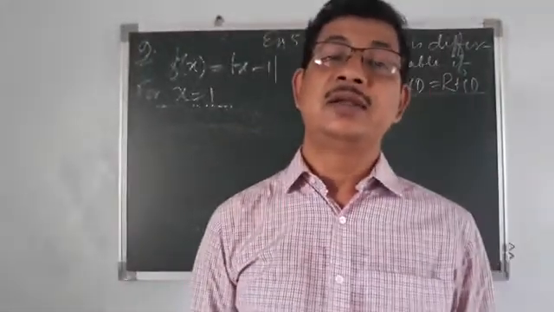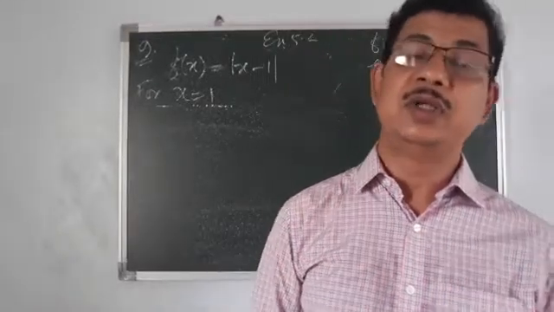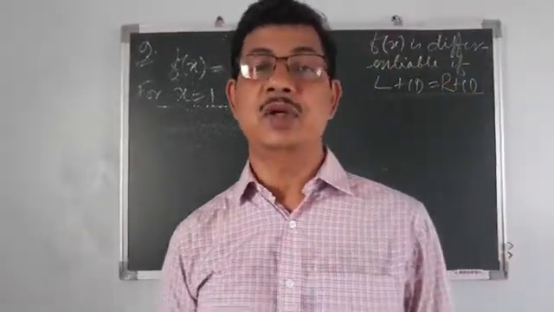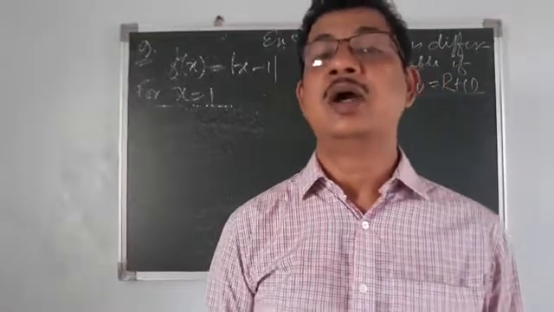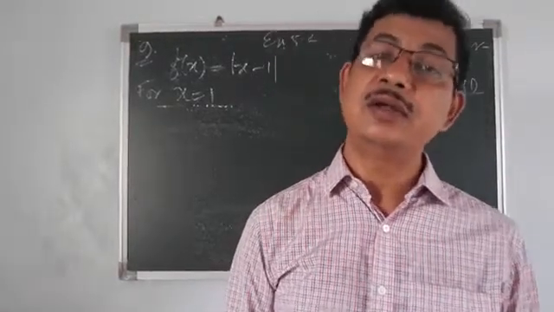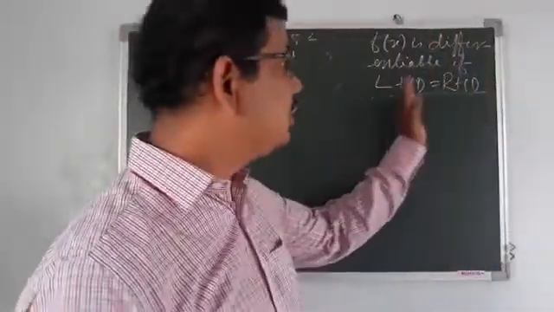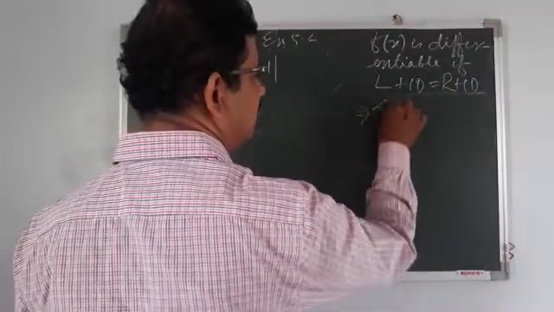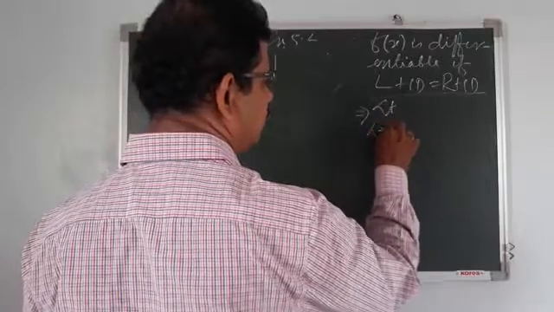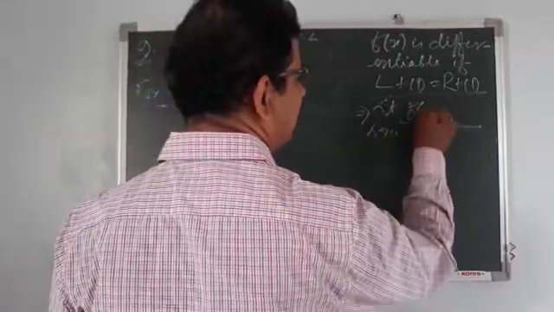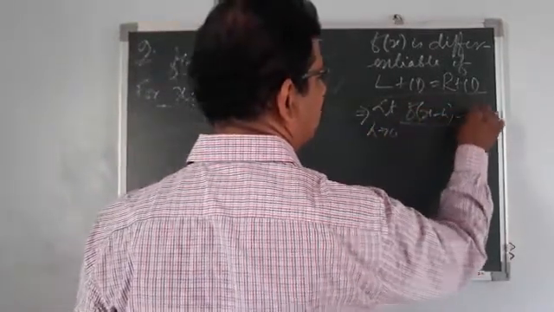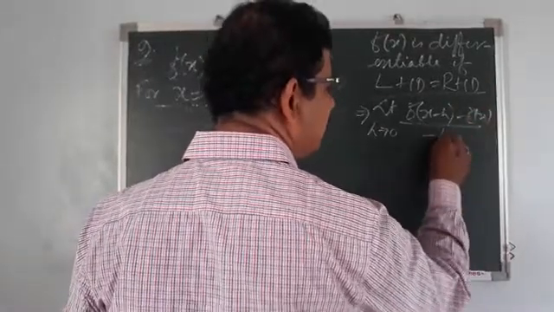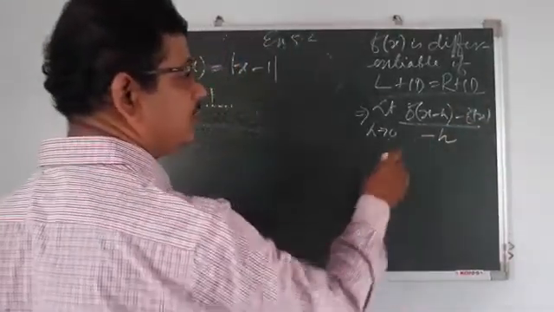Just like that, LHD means left hand derivative, RHD means right hand derivative. So LHD is equal to RHD. Now what is LHD? LHD means limit h tends to 0, f(x minus h) minus f(x) by minus h. This is the LHD form.